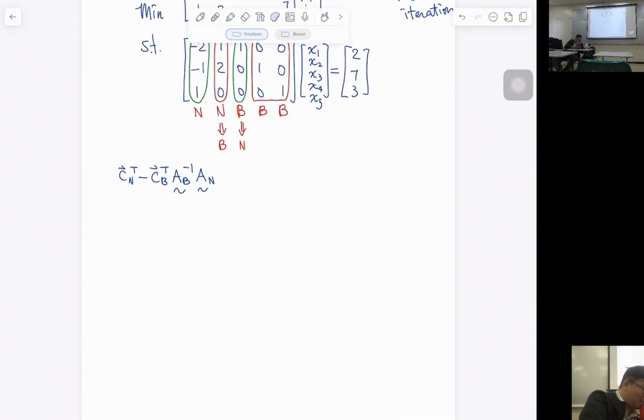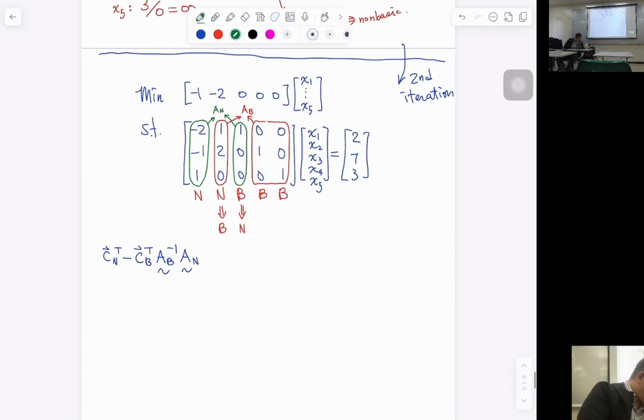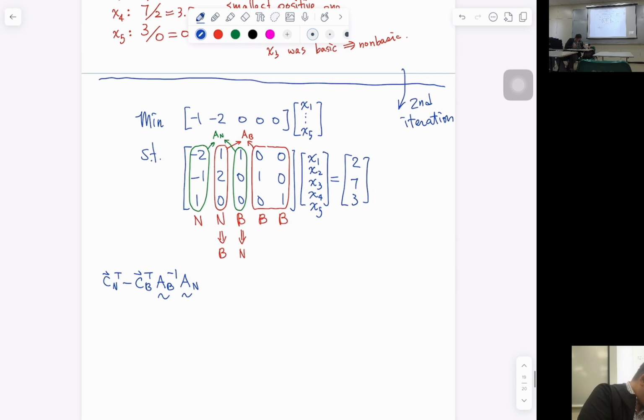Let's do it. First, solve for this. So the first thing is you need to make sure you are not picking up the wrong guy. So this is going to be my Cn, and this is going to be my Cb.